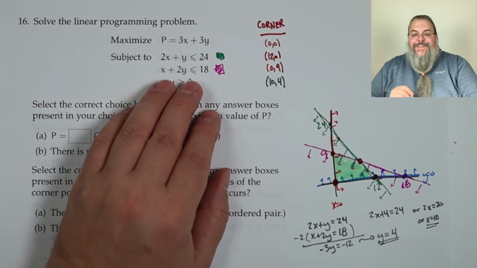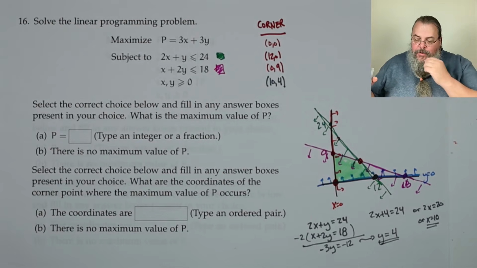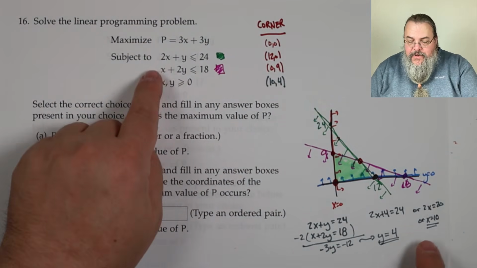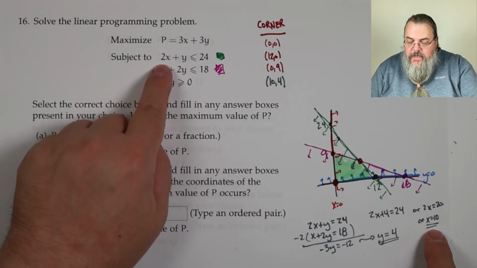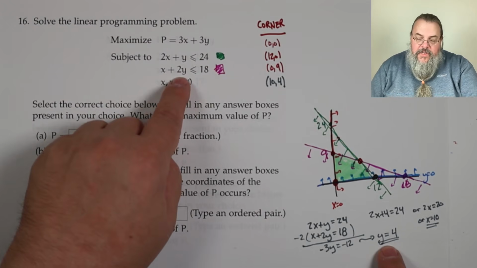All right, there we go. Now, that's our corner. And by the way, it's not bad to check, right? 2 times 10 is 20, plus 4, 24. Good. 10 plus 2 times 4, 10 plus 8, that's 18.